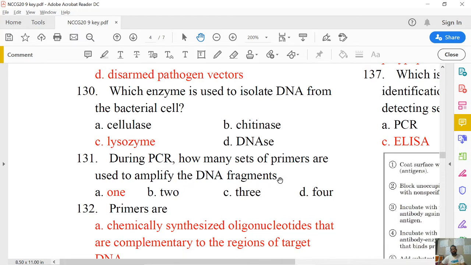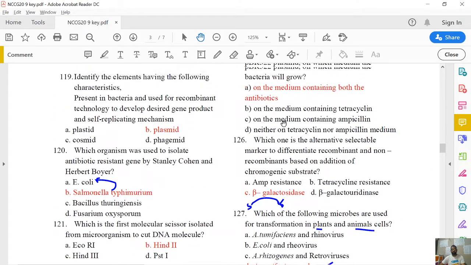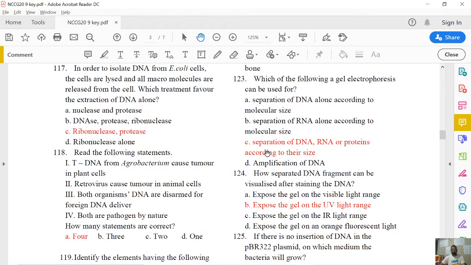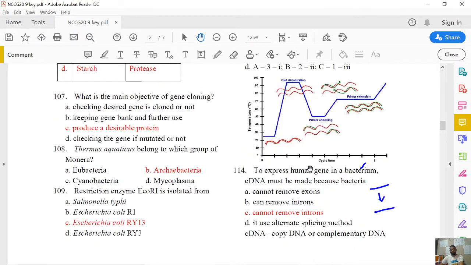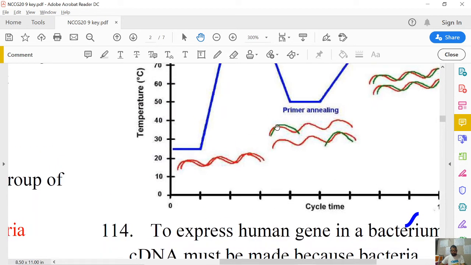During PCR, how many sets of primers are used to amplify the DNA fragment? So we have already seen the PCR technique just now. So here, one primer is able to bind with one side, the other primer is able to bind with the other side. See here, when I take the DNA part, this particular strand and this particular strand will not be the same, right?